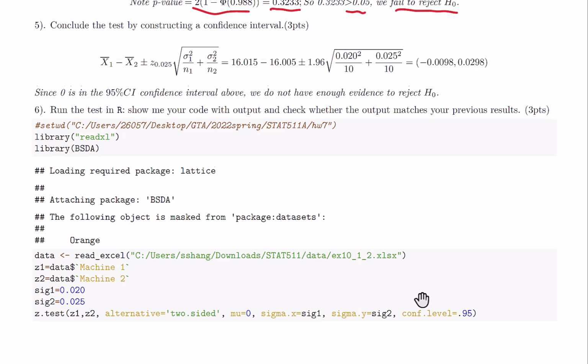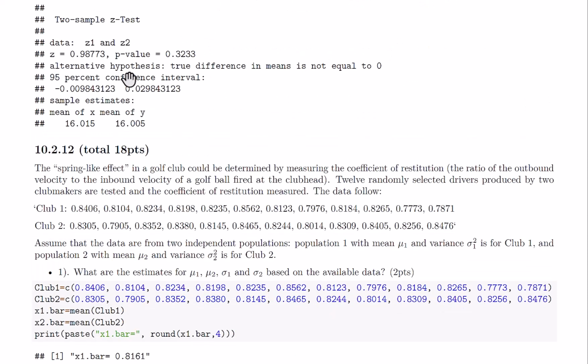And we would expect the numbers from R, you can see right here. That's the Z statistic value. What we got by hand is 0.988, here with more digits. The p-value is exactly the same. And the confidence interval, yes.